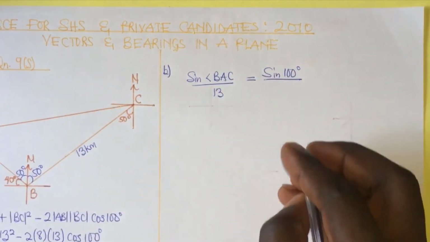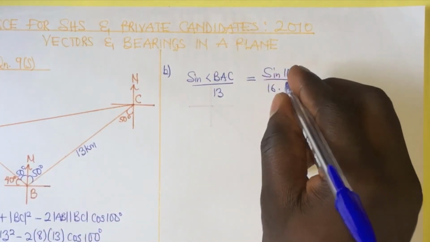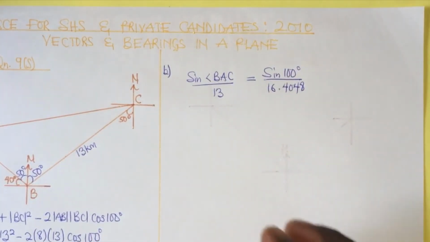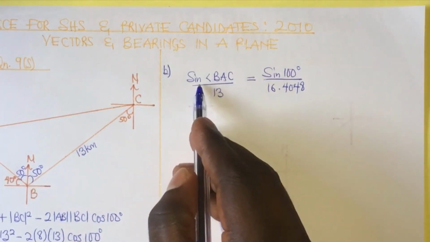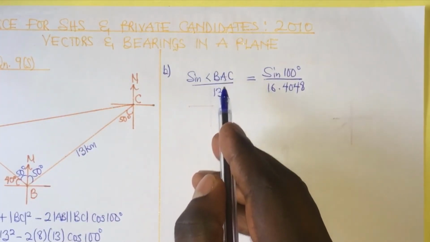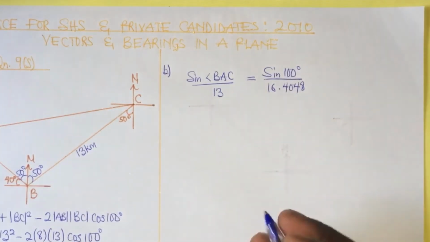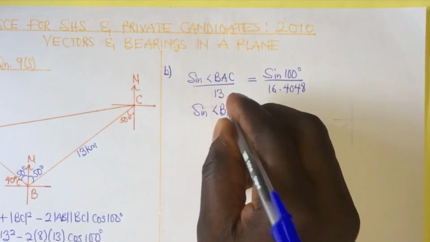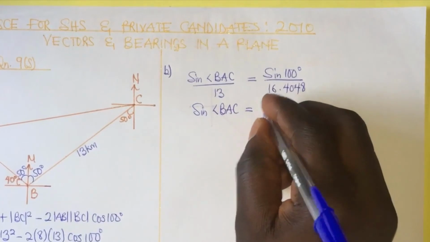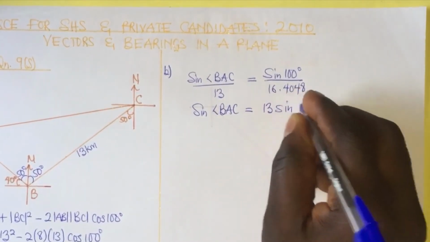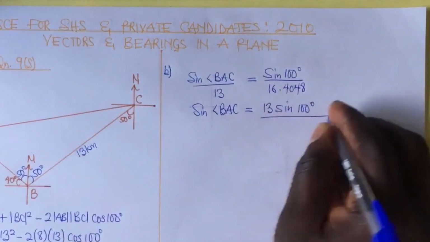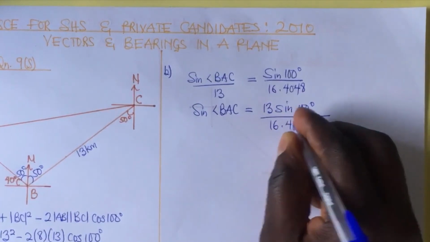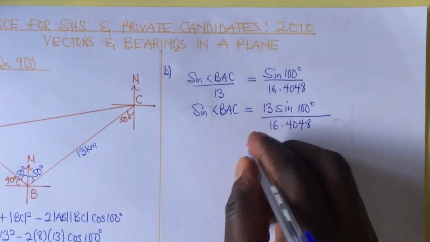And we found that one to be 16.4048. So to make sine of angle BAC the subject, we can cross multiply 13 to the right hand side. We are going to get sine of angle BAC is equal to 13 sine 100 degrees divided by 16.4048.